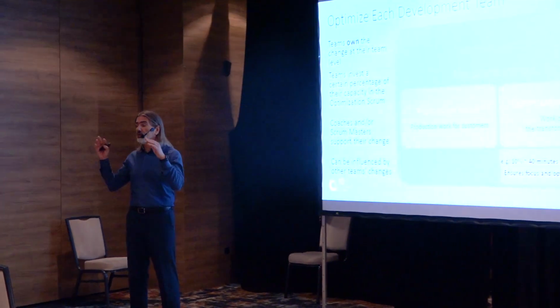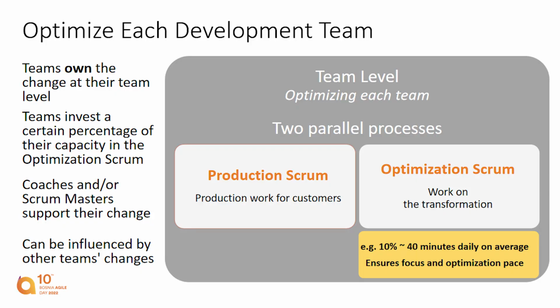All right, so this was the global level, the level of the whole company. Each team also transforms themselves. They own their process, they improve their process, they are there to optimize their process. And they are accountable for the success of their production work, but also for the success of the optimization of their production work.